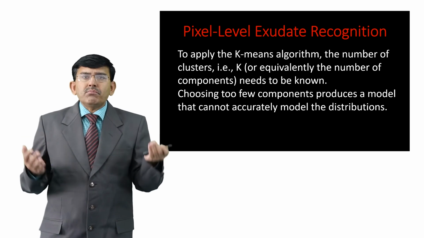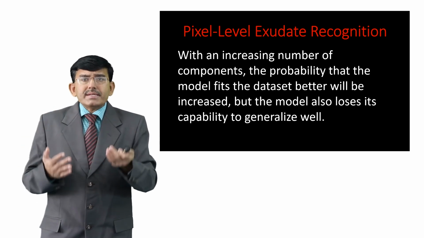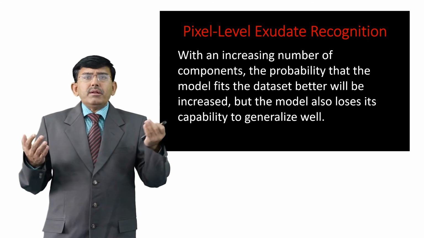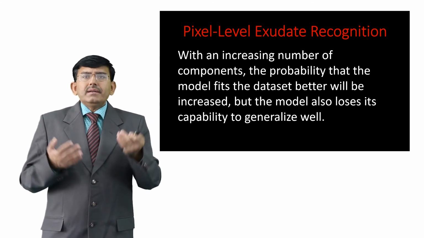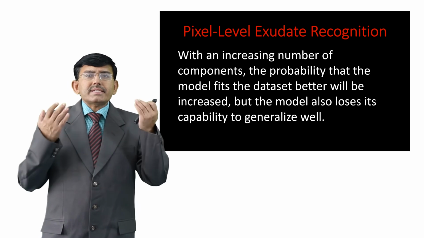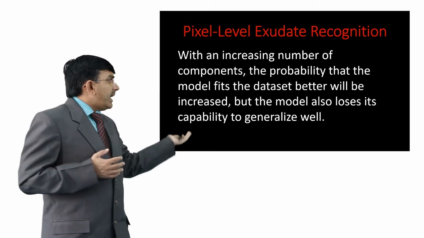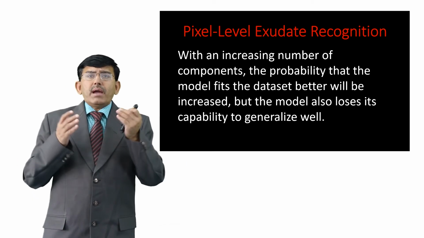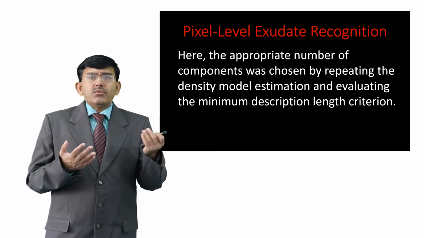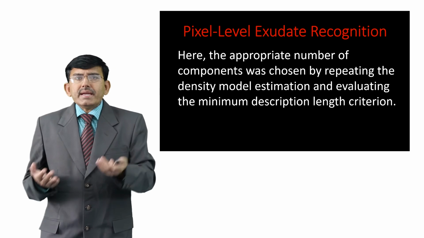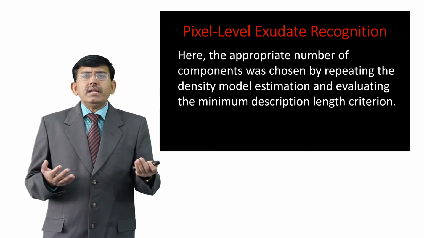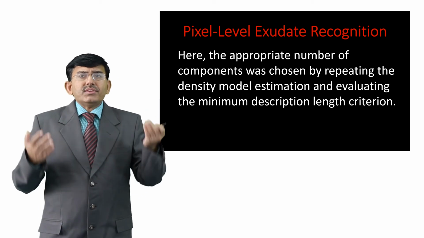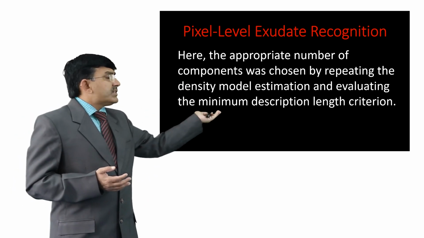With an increasing number of components, the probability that the model fits the data set better will increase, but the model also loses its capability to generalize to other data sets. Here, the appropriate number of components was chosen by repeating the density model estimation and evaluating the minimum description length criteria of the feature sets.